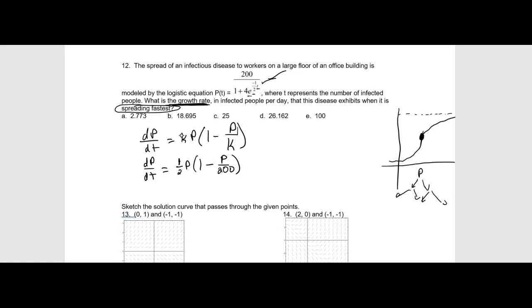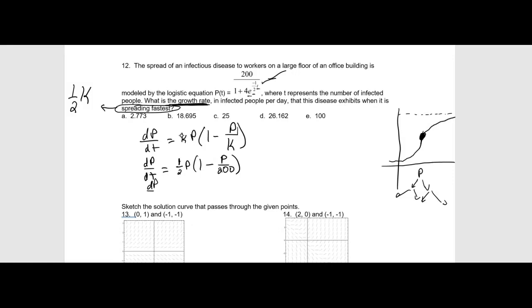So what that pretty much is telling you, and this is something you just want to know, we are always spreading the fastest, so write this down, when we are 1/2 of our carrying capacity. If we know our carrying capacity is 200, that's the population that we want to be evaluating this at.